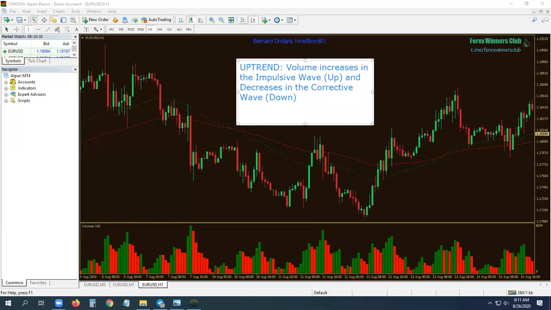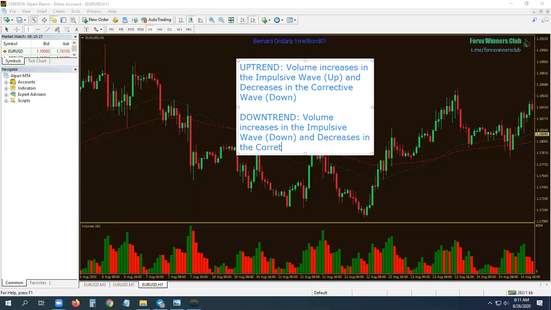In a downtrend, volume increases in the impulsive wave, which is down, and it decreases in the corrective wave. The corrective wave is up.